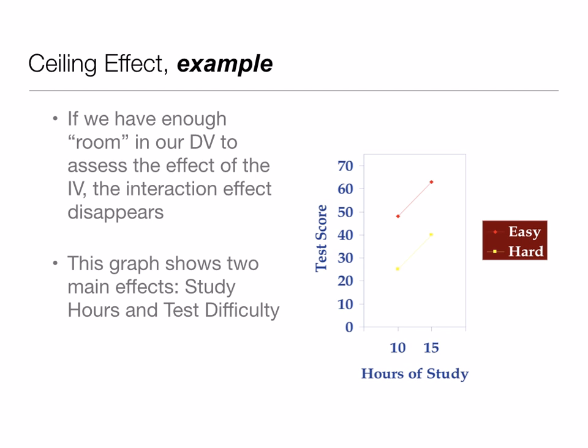So again, if we're hitting either the ceiling, the top of our dependent variable measure, or the bottom of our dependent variable measure, we need to look at what's going on, and we cannot interpret any interactions based on that because we're either at the floor or the ceiling, and subsequent studies would need to be done to investigate that. So I hope that helps with main effect and interactions.